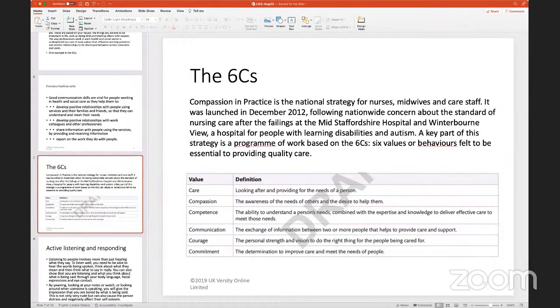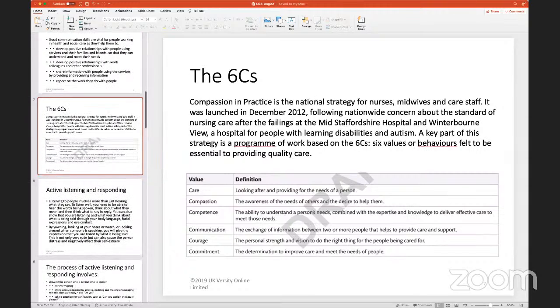Whether you're working as a nurse, a midwife, a care staff, a healthcare assistant, or a healthcare professional, when we talk about some of these skills, this is one such part that you need to be able to exhibit. And these 6 C's that we talk about are based on aspects of what is required to be delivered, what is required to be communicated in health and social care, or in the care sector in particular, when you are delivering or responsible for caring for a particular patient or person.